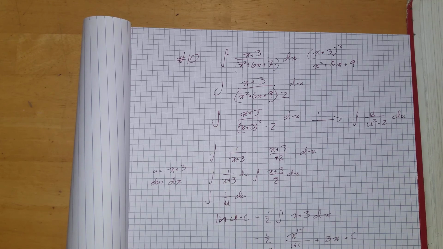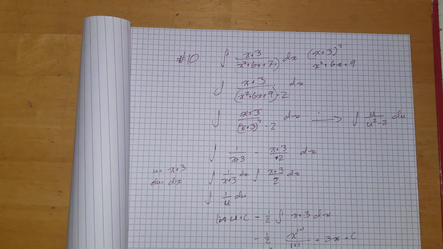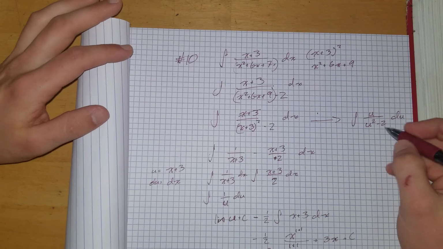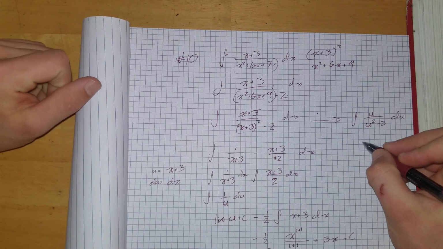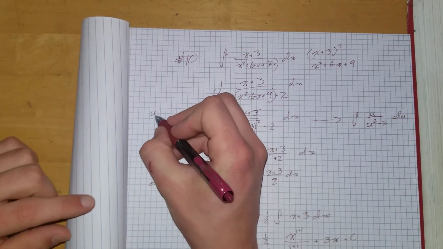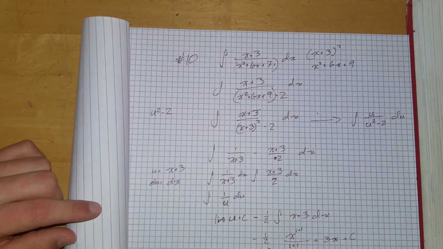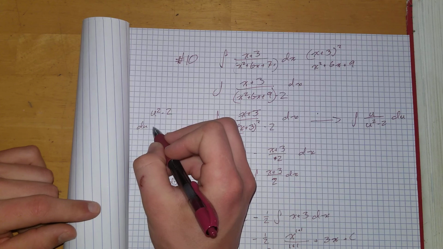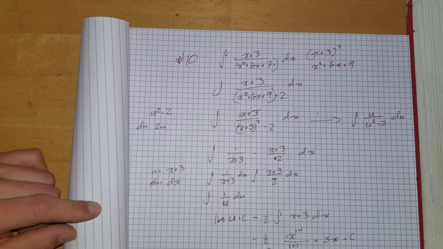Let's look. That kind of looks like it might be, oh. Okay, so if we look, u squared minus 2, the derivative of that is going to be 2u, right?